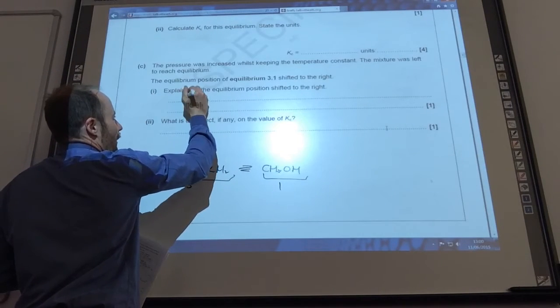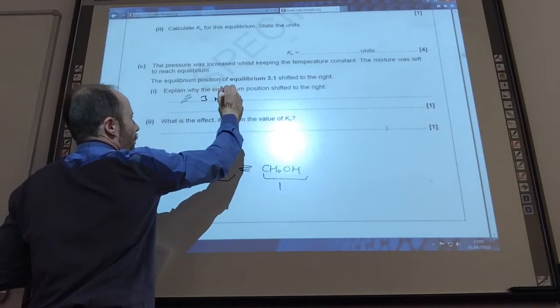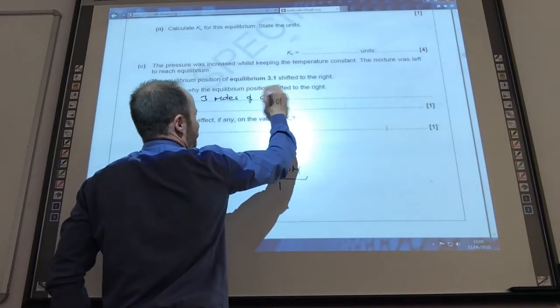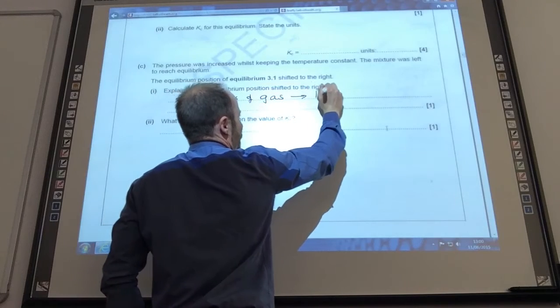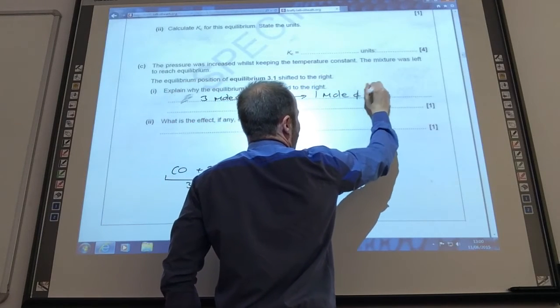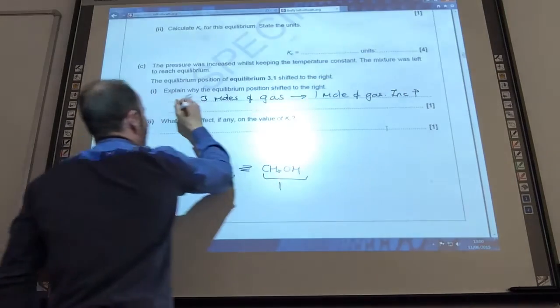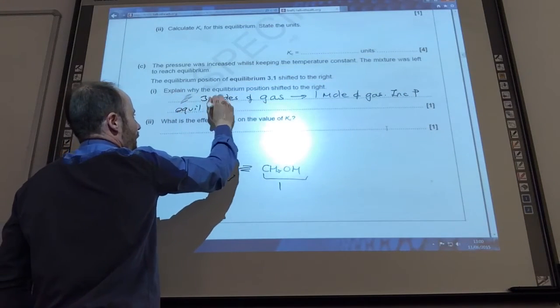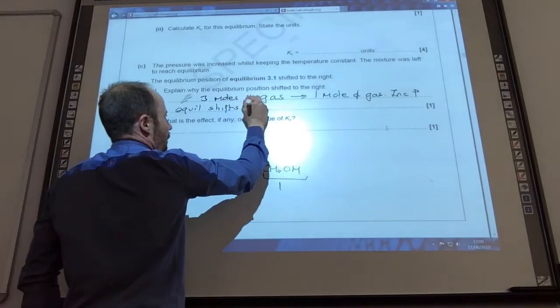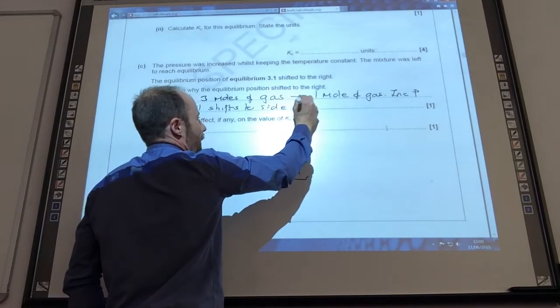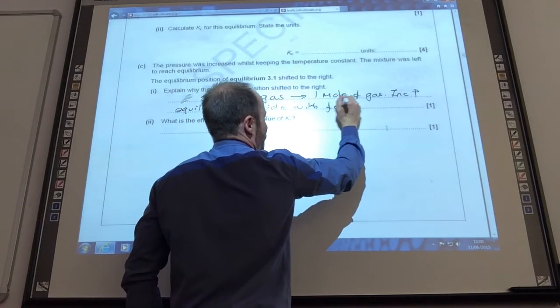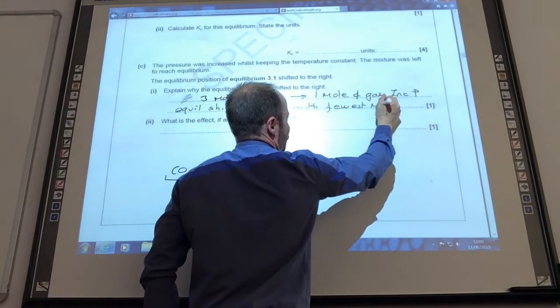Therefore, we can say 3 moles of gas went to 1 mole of gas. If you increase pressure, equilibrium shifts to the side with fewest moles of gas.